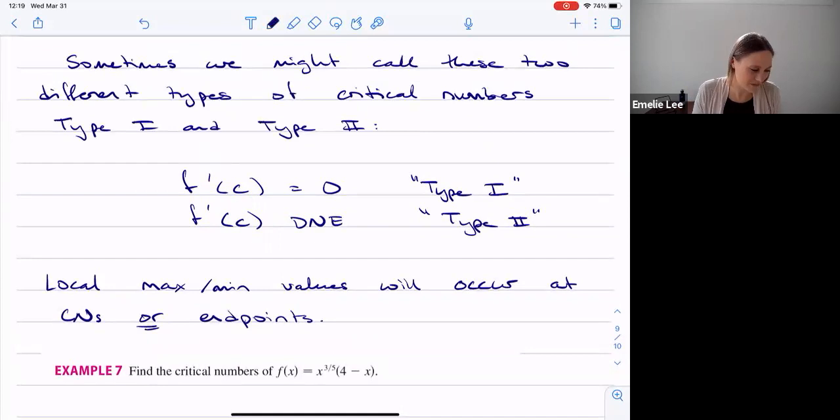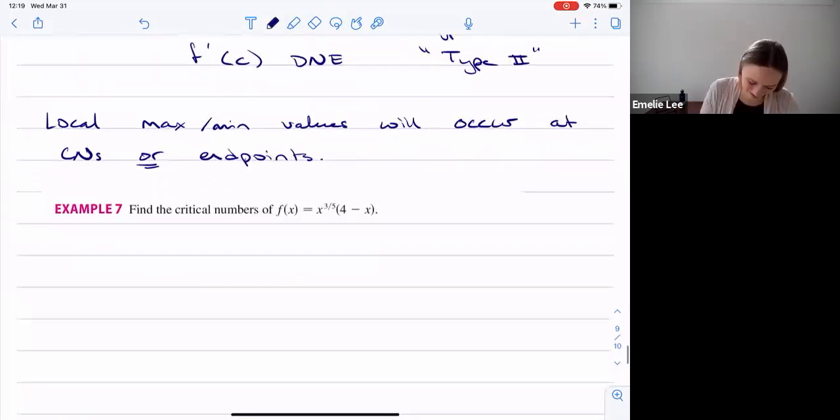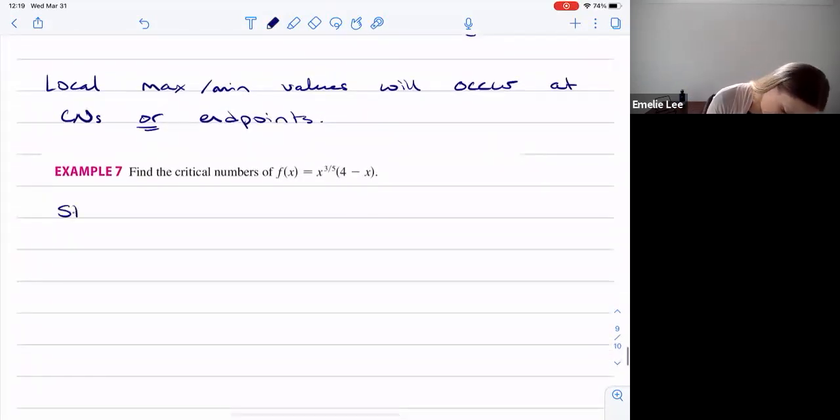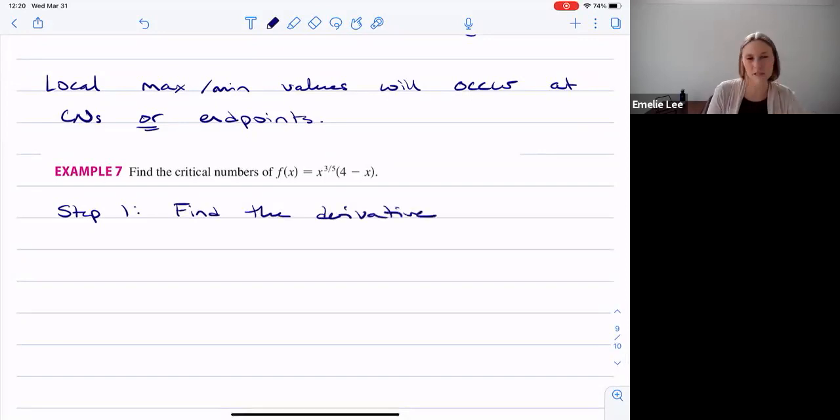So here I go again, step 1: find the derivative. A couple of ways that you could do this. You could use the product rule if you want to, or I'm going to just expand this out and get a weird polynomial. Either way, you're going to end up at the same result.